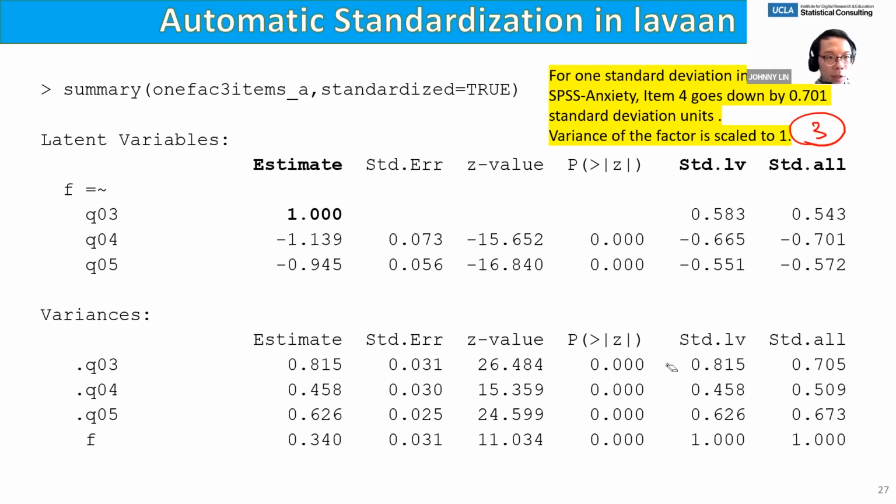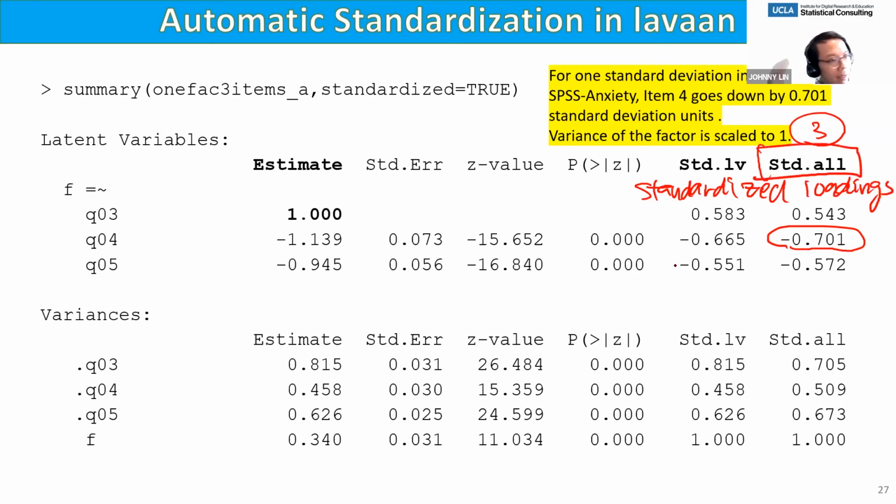A standardized beta coefficient of linear regression is standardizing by both the predictor and the outcome, which means the factor and the item. So for 1 standard deviation increase in SPSS anxiety, item 4 goes down by 0.701 standard deviation units. That's the difference, the standard deviation units. So essentially, this is like a correlation, and this is what you see more typically when you talk about standardized loadings. When you see standardized loadings, typically it means this one, not the STD LV.